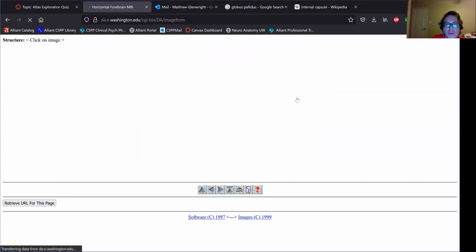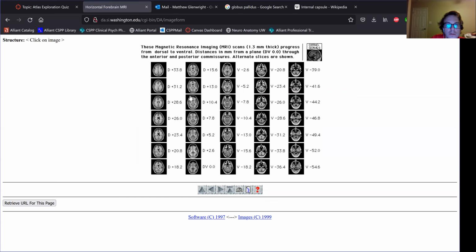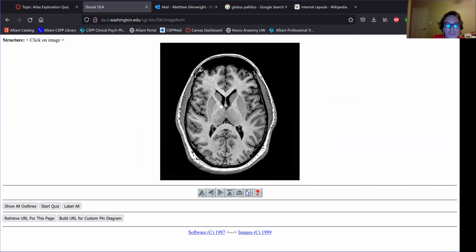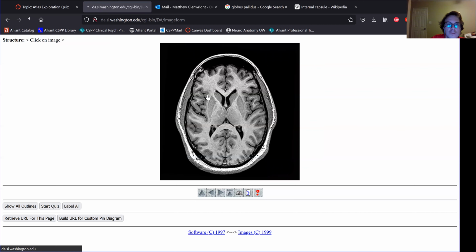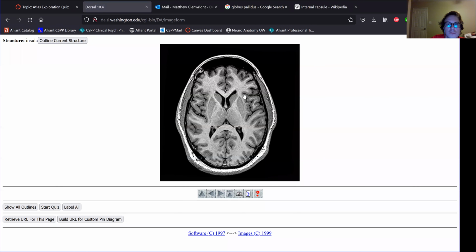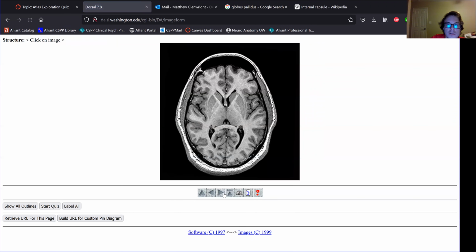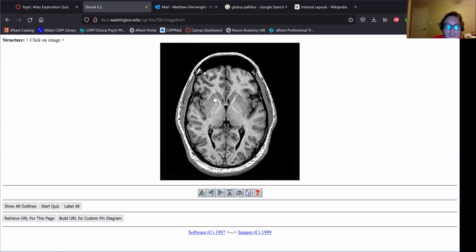So here's our caudate, because we can see our lateral ventricles. And here's our putamen, and our insula is over here. Remember we said the nucleus accumbens is inferior to the putamen.